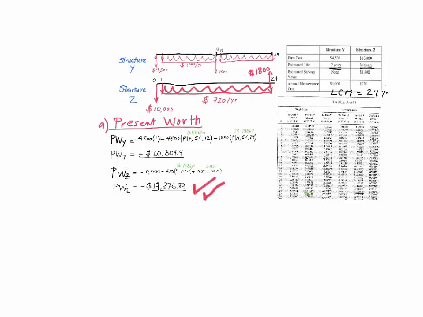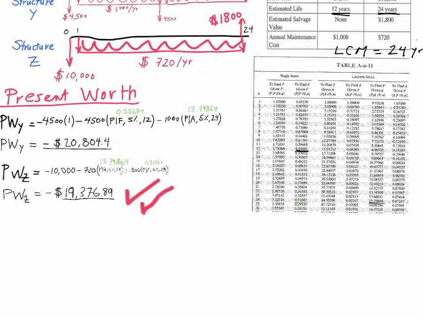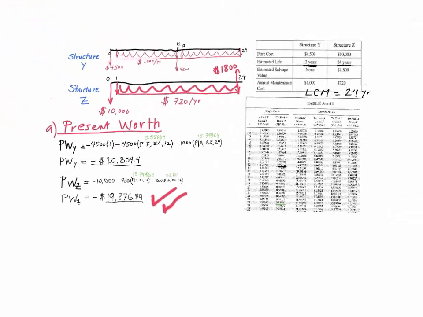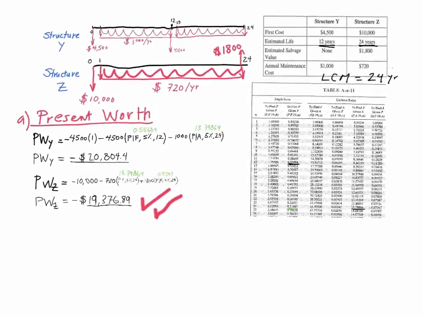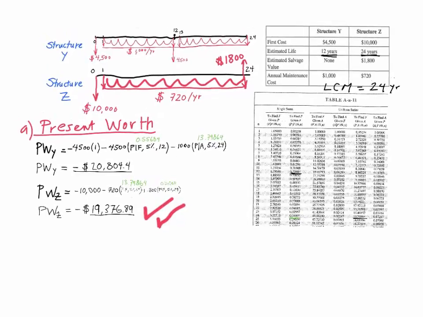So picking the least cost by looking at both negative values here, you pick structure Z because it's giving you the least cost. So that's only part A of the problem.